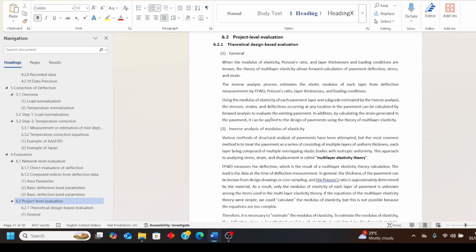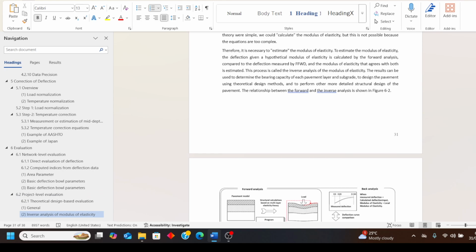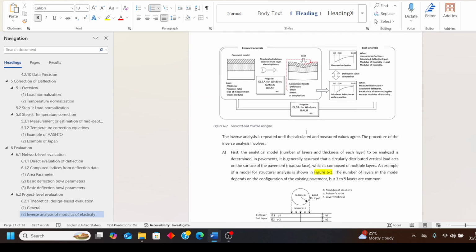So it has the inverse analysis, or the back calculation methodology. If I show you a picture here, it will be better to understand it. So it has the inverse analysis back calculation using the deflection basin and known layer thickness.